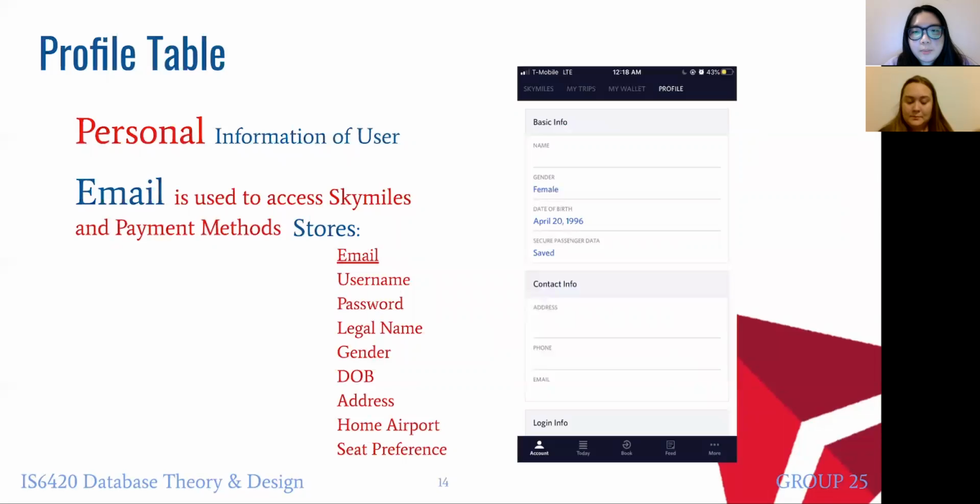The primary key for this table is email. This is the main key for users to be able to access other personal information like SkyMiles and payment methods.